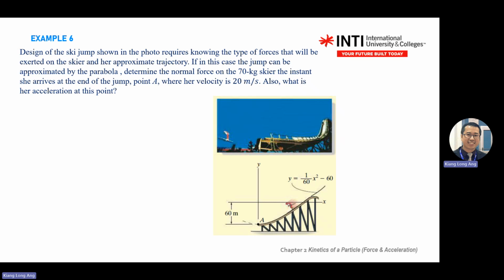Chapter 2 deals with force equal to ma. So when you see force in the question, it's not a chapter 1 question, it's chapter 2 and onwards. So there's a certain pattern in how we ask you questions. And at the end of the jump, you focus on A here, and you have the information that the velocity is 20 at this point.